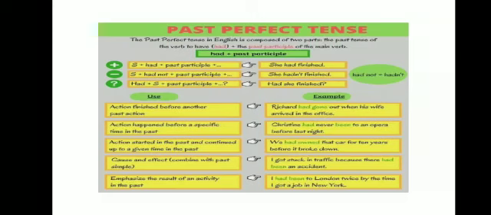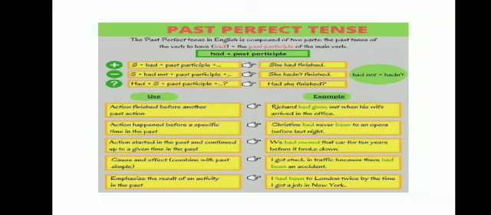In negative, subject plus had not and then third form of verb and then the object. She had not, I had not, you had not. Okay. Then interrogative: first of all we will put had, then the subject, then third form of verb and then the object. Okay.